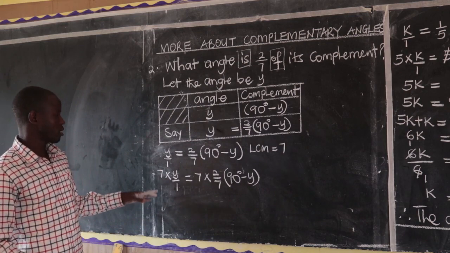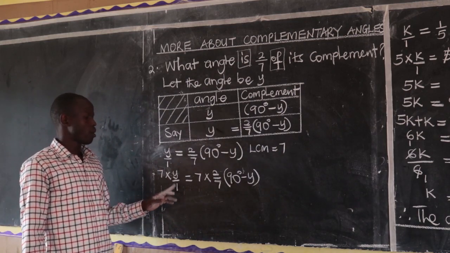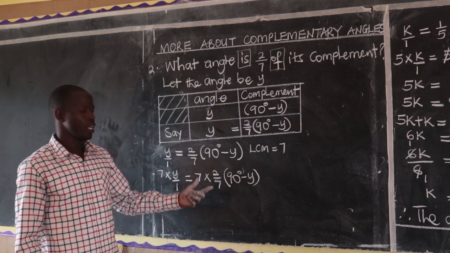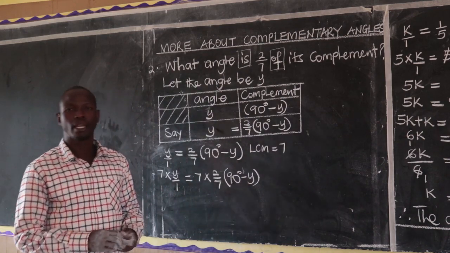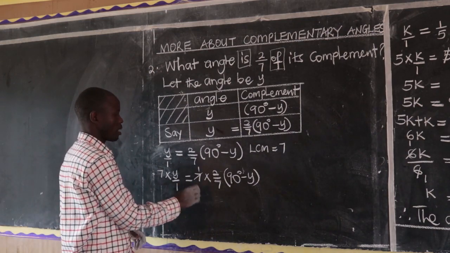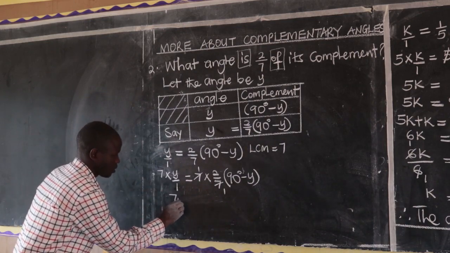So our next step will be 7, which is the LCM, times y out of 1 is equal to 7 times 2 out of 7 into brackets 90 degrees minus y. Divide by cancellation here, 7 by 7, 1 by 7, 1. So this is 7y.